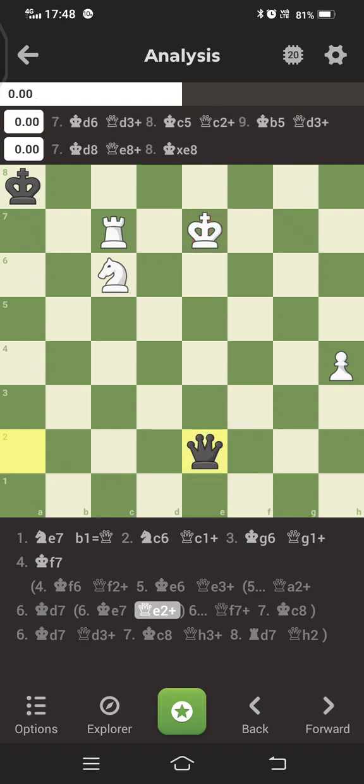Again. Now white king can force. So if white king moves to d7, queen can give this check from g4.